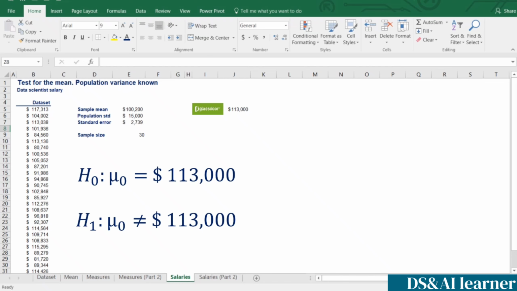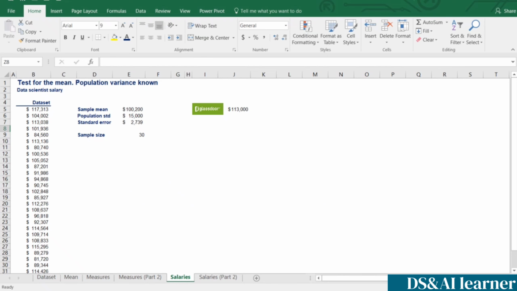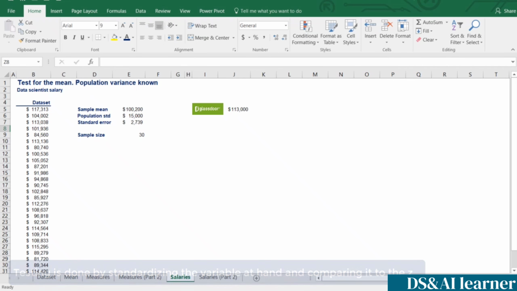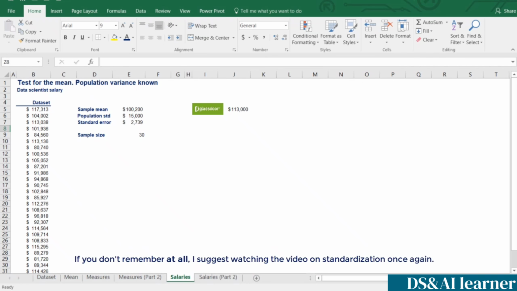All right, formula time. Almost. Testing is done by standardizing the variable at hand and comparing it to the lowercase z, which follows a standard normal distribution. Remember standardization? We learned about it in the previous section. Back then, I told you it was very important, and you will now see why. For those that don't remember, I suggest watching the video on standardization once again.